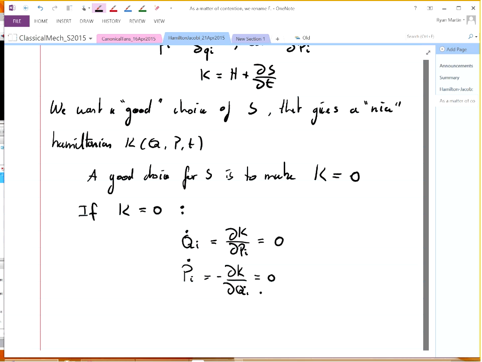So if Q_i dot is equal to 0, so dQ_i/dt is equal to 0, then Q_i is a constant. All right? So capital Q_i will be equal to a constant, and we're going to call that constant beta_i. We use Greek letters for constants, that way we know that those things don't change with time for sure. And the capital P_i's we'll call alpha_i. Now that's just a common convention.